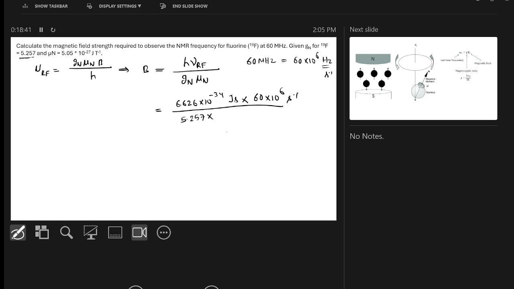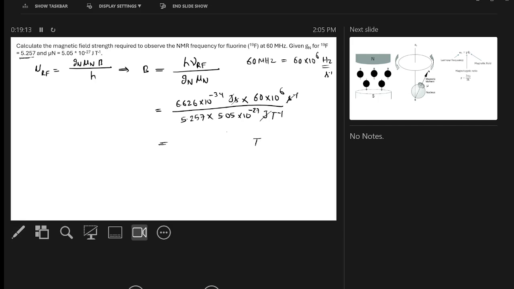And what is the mu_N here? Mu_N is 5.05 times 10 to the power minus 27 joule per Tesla. This mu_N you can calculate if you know I, the spin quantum number of the nucleus, then you can calculate the spin angular momentum. Correct. So this joule and this joule can be cancelled out, and this second can be cancelled. So the final unit will be Tesla.